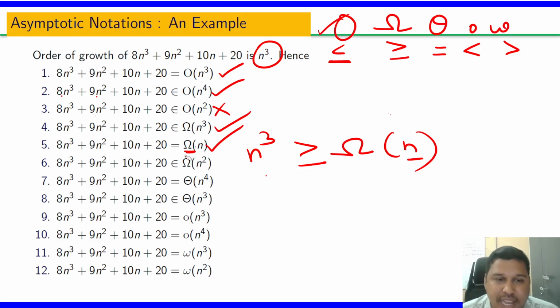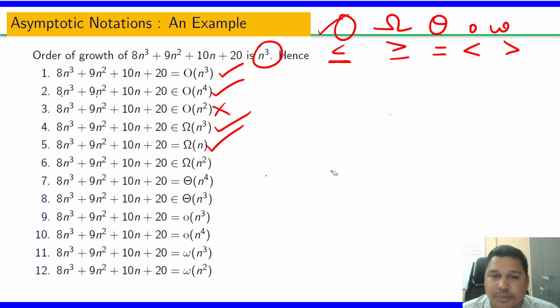You can ask me, sir, why are you studying all these things? Why different notations? For comparing two algorithms. You know bubble sort, right? You said you have studied the bubble sort algorithm.